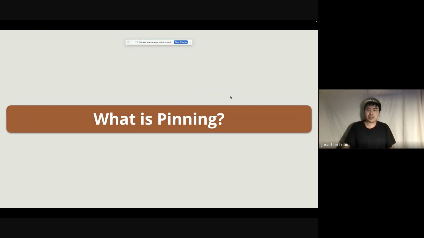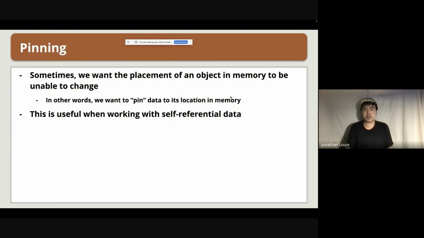With all that out of the way, now we can talk about what pinning actually is. Pinning is a term that refers to the placement of objects in memory and trying to make sure that those objects aren't able to be moved. In other words, we're just trying to pin data to a particular location in memory.